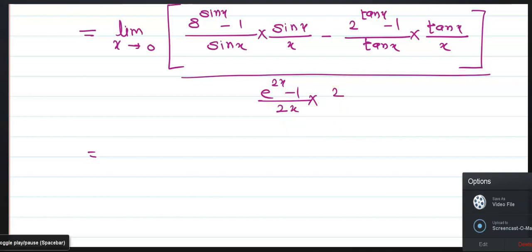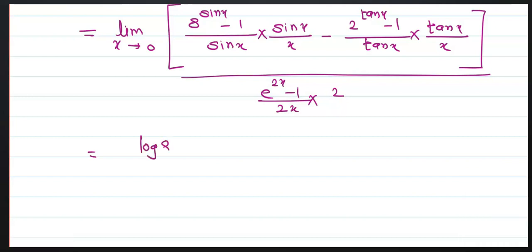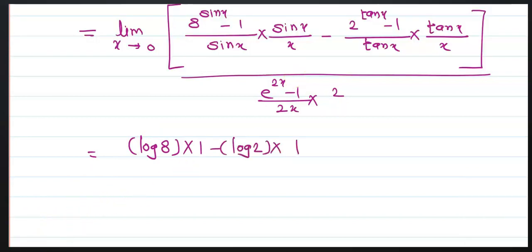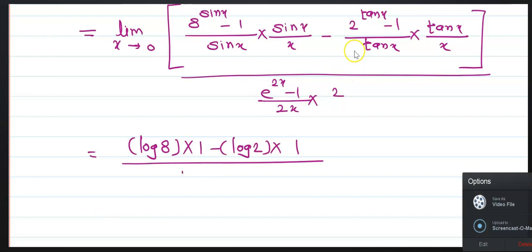Now we see the limits. First of all, the answer of this is log of 8. As x tends to 0, sin of x also tends to 0. By using that, the value of this limit, sin of x upon x, is 1. Next, the value of this limit is log of 2, and the value of this limit is 1.